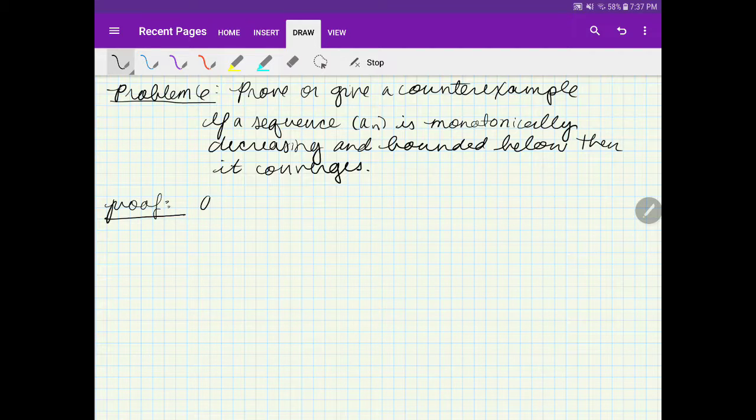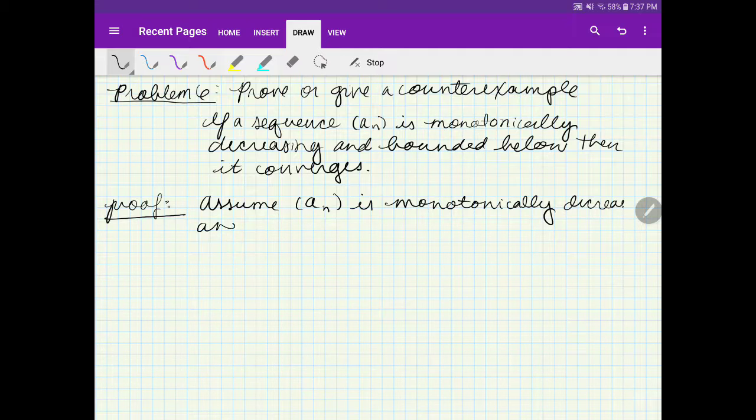So for the proof, let's assume that a sub n is monotonically decreasing and is bounded below.